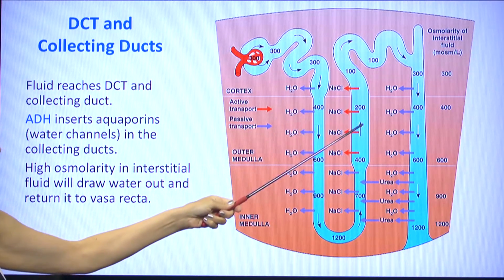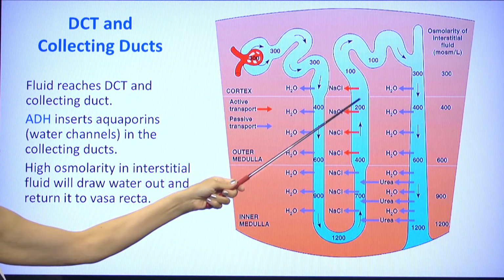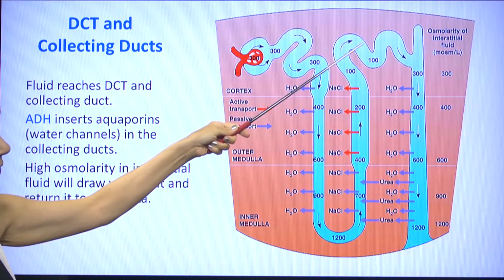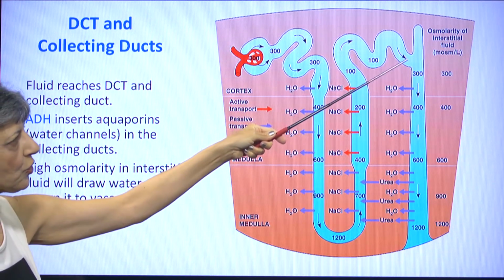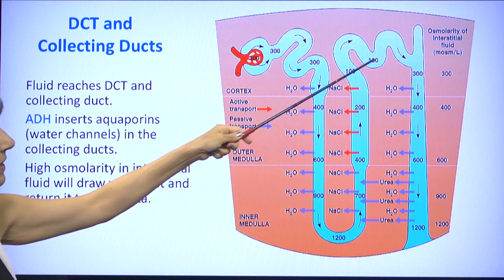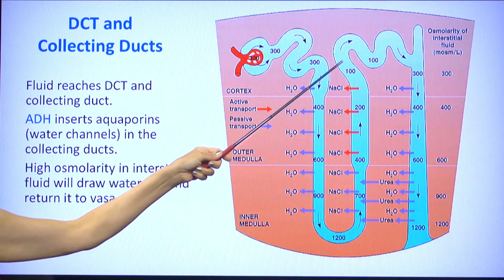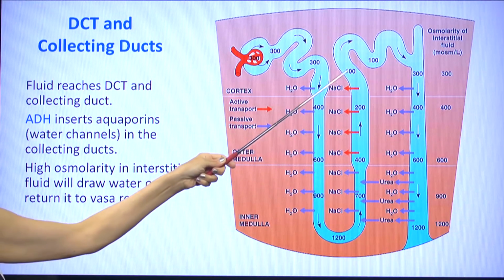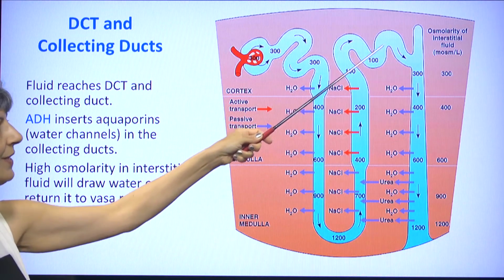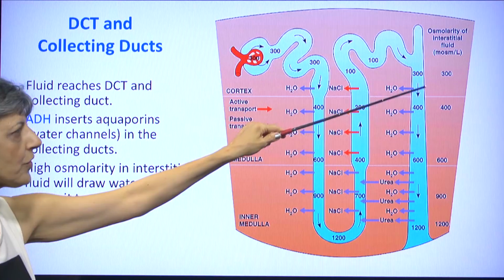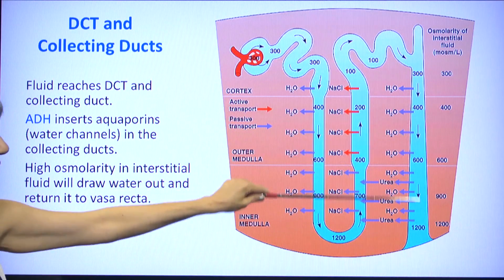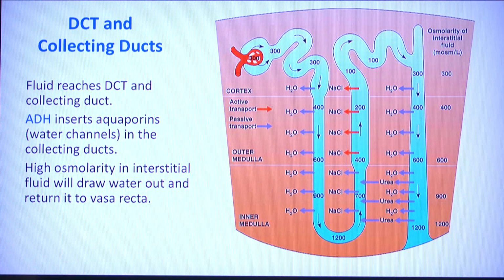The fluid that is reaching the tip of the ascending limb and going to the distal convoluted tubule and the collecting duct is very hypoosmolar, means it is very rich in water. If I leave it as it is without interfering, this volume of water is going to enter into the collecting ducts and be lost in urine. This cannot happen. We need to reclaim this water again. How can we do that?